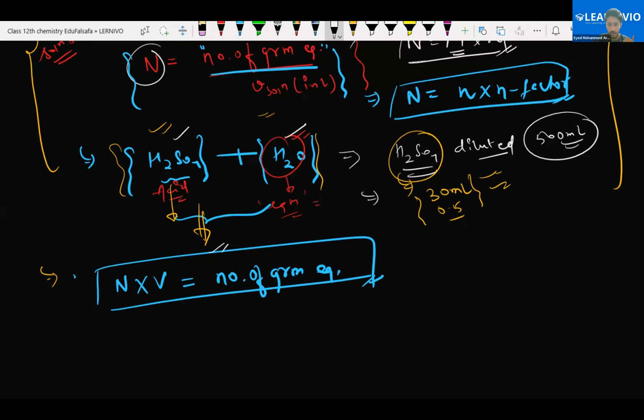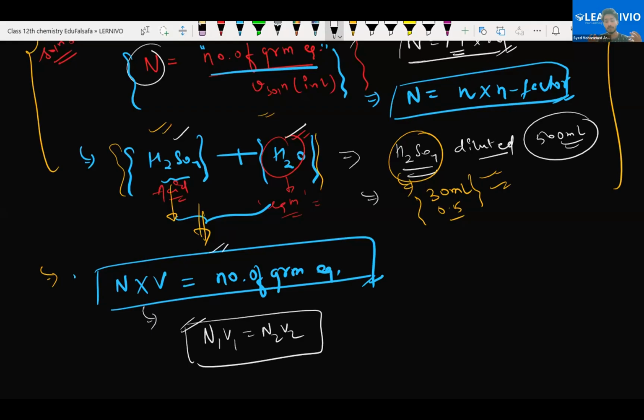So I can write this thing as a relation, like N1V1 is equal to N2V2. Why am I using this? Because I need to find the molarity after the dissolution, and for that I need the terms of the molarity.